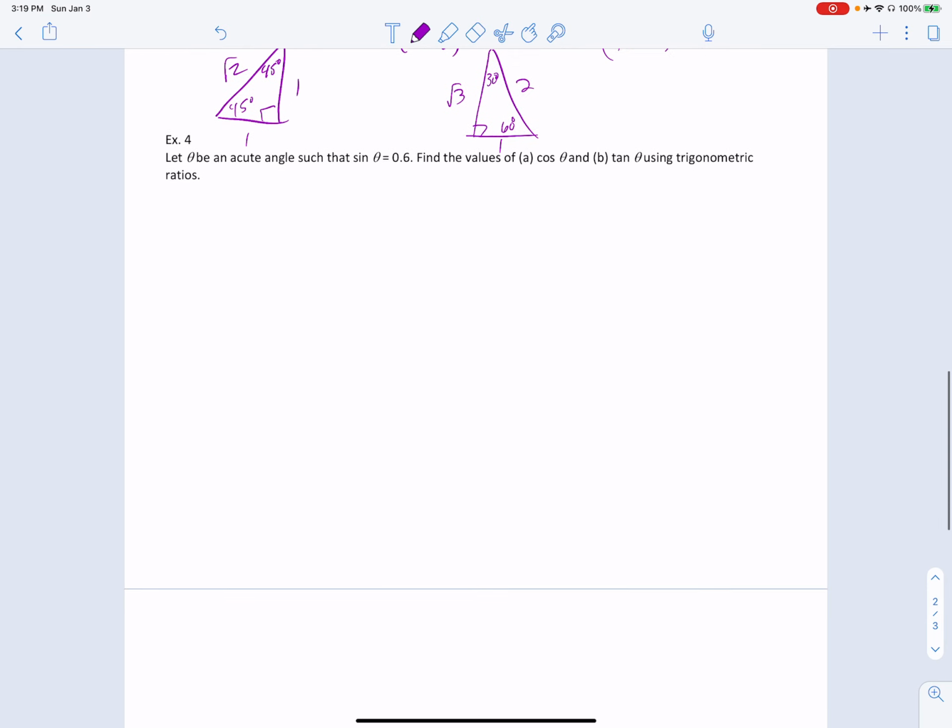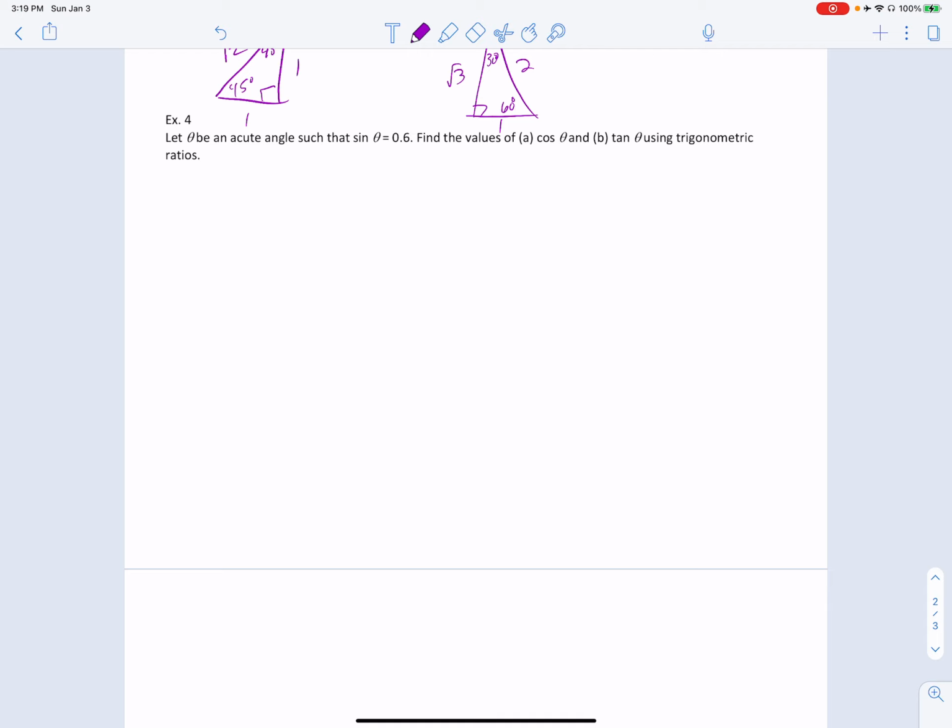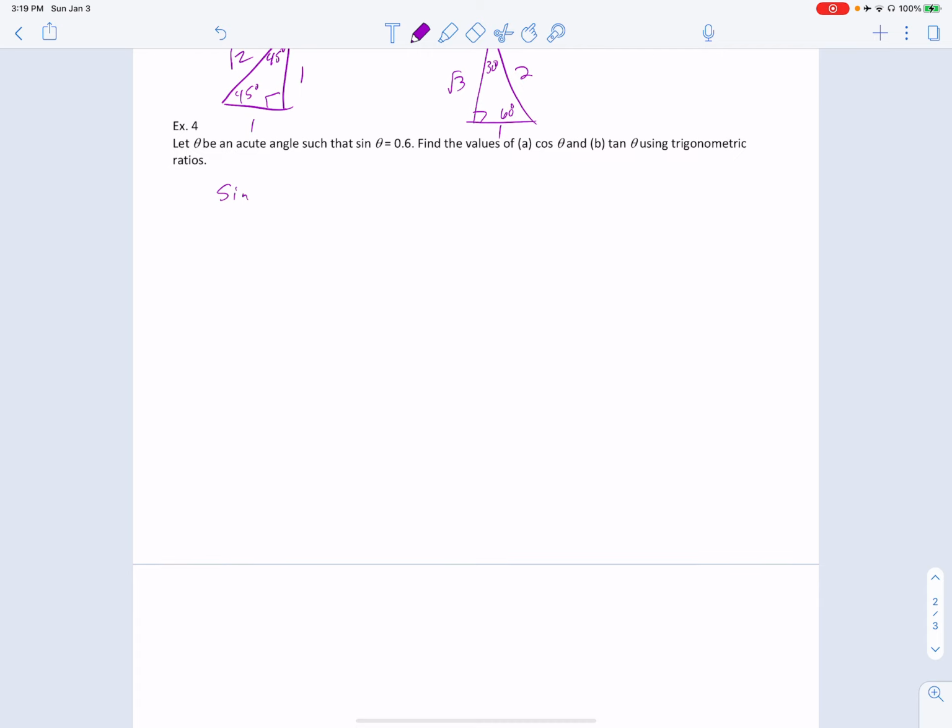Now, you're going to, in your homework, be given a value of one of the 6 trig functions. And so here, you have sine of theta is 0.6. And so you need to realize sine of theta is defined to be the opposite leg over the hypotenuse in a right triangle. And so you need to think the opposite leg is 0.6, and if I write that over 1, I have a ratio of the opposite leg to the hypotenuse.